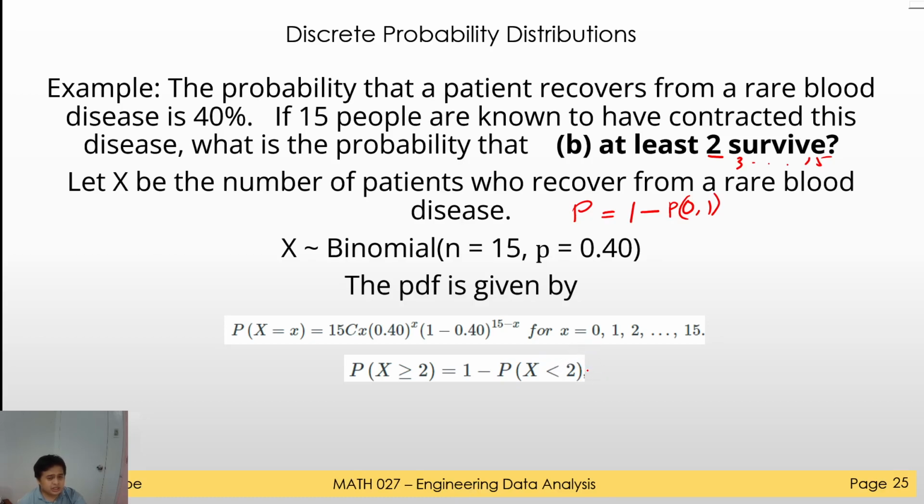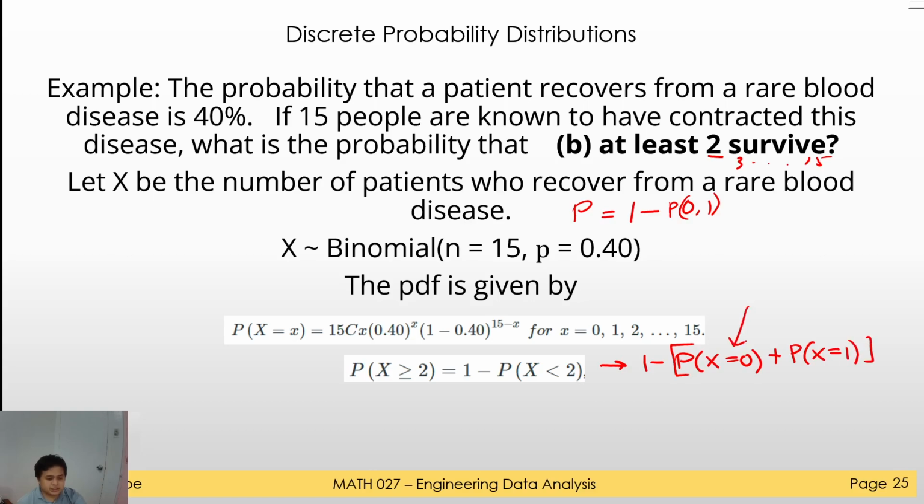This will be equal to 1 minus the bracket of the probability of x is equal to 0, plus the probability of x is equal to 1.